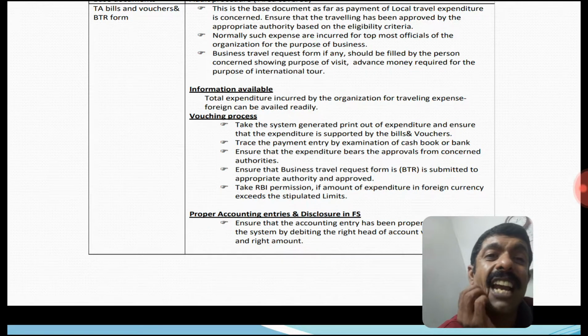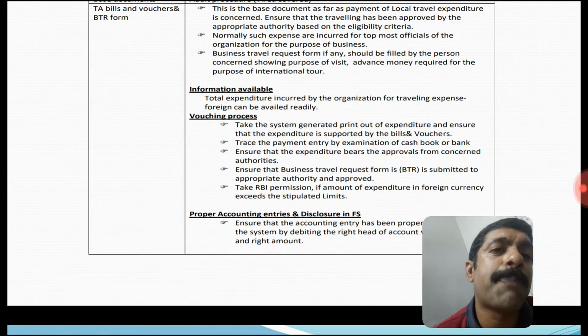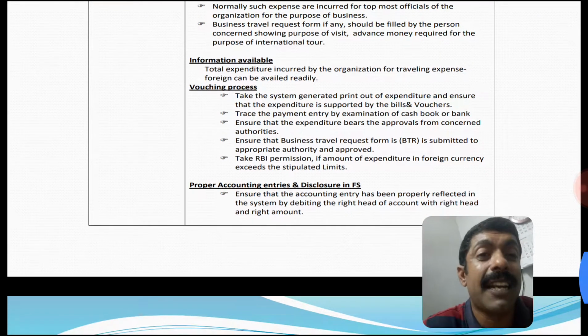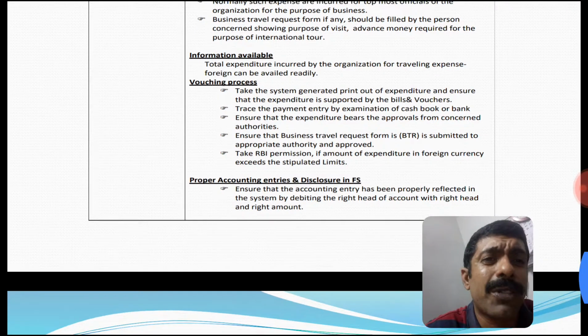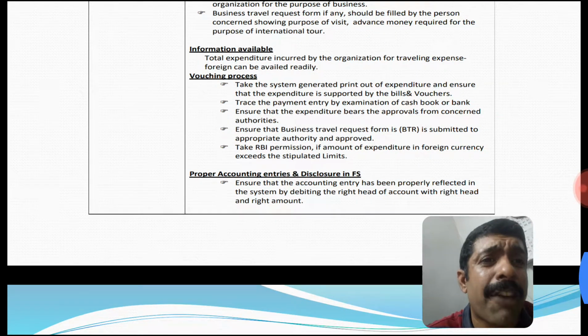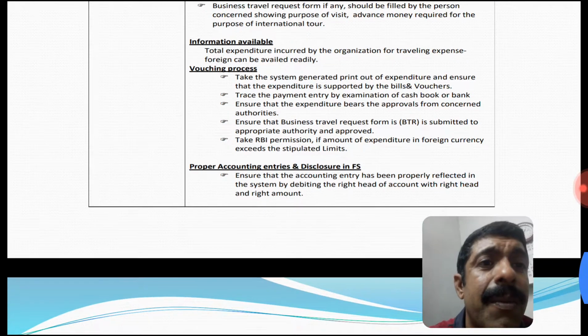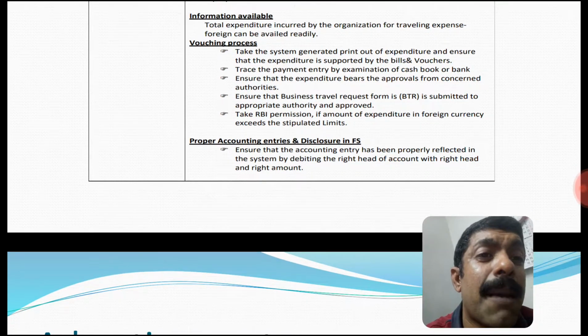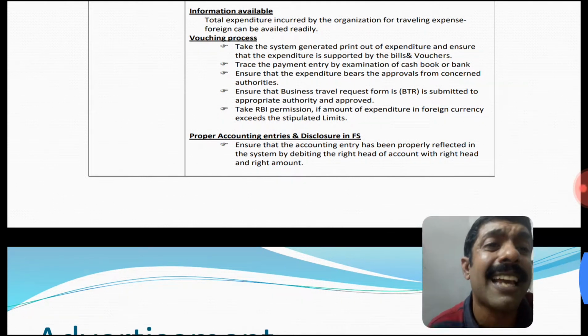What are the information available? Total expenditure incurred by the organization for traveling expense foreign can be readily available. Vouching process is also common except one specific point which I am discussing. Ensure that the business travel request, BTR, is submitted to the appropriate authority and gets approved.